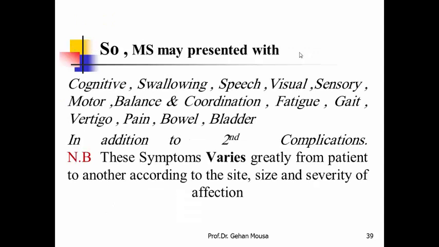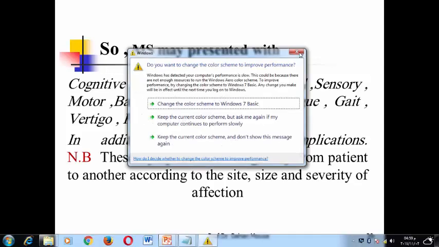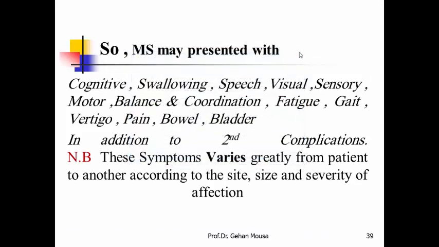From all of these, MS can present with one or more of the following symptoms: cognitive dysfunction, swallowing problems, speech affection, visual disturbance, sensory motor affection, balance and coordination disturbance, easy fatigue, gait disturbance, vertigo, pain, bowel and bladder dysfunction, in addition to secondary complications that may occur according to the severity, size of lesion, and the size of the infection.